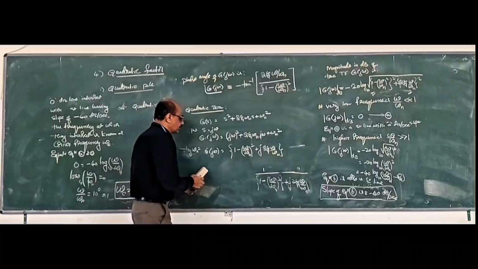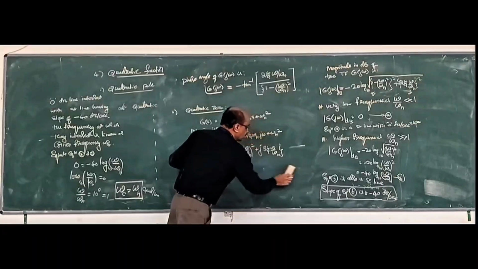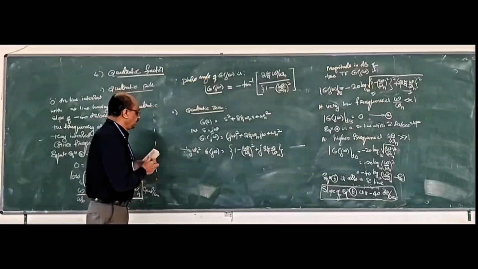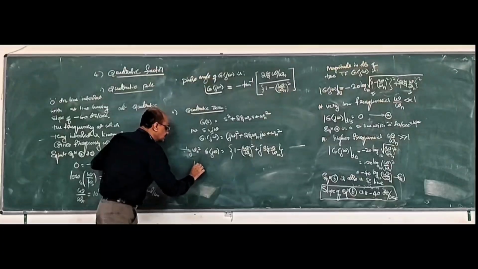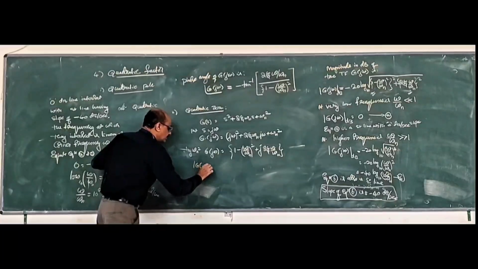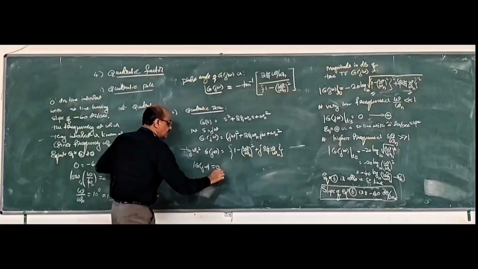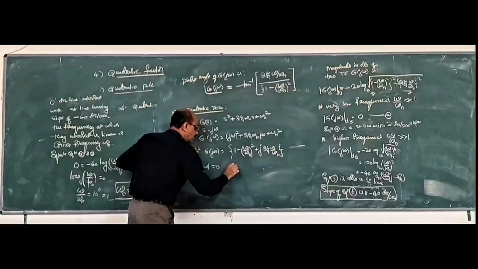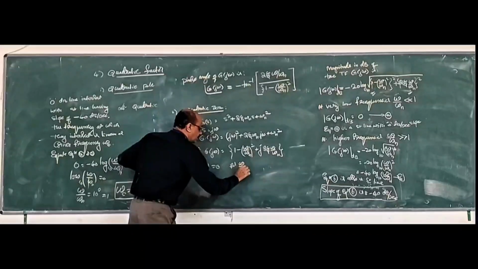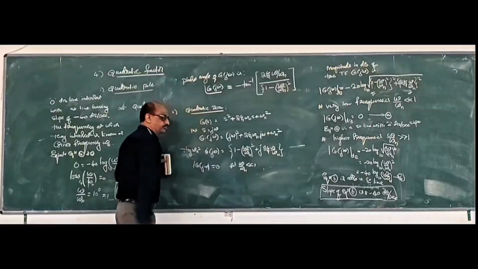Similarly, I can show that we have a 0 dB line. For this also, g of j omega dB is equal to 0 for omega by omega n far less than 1.